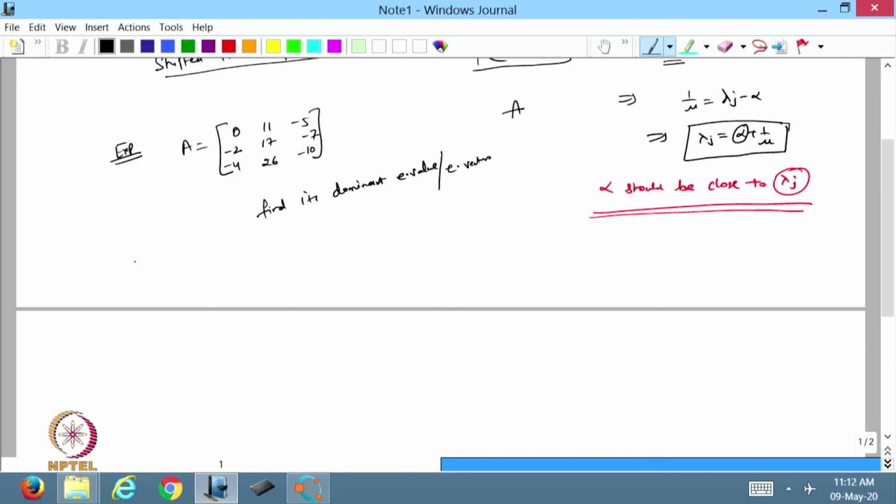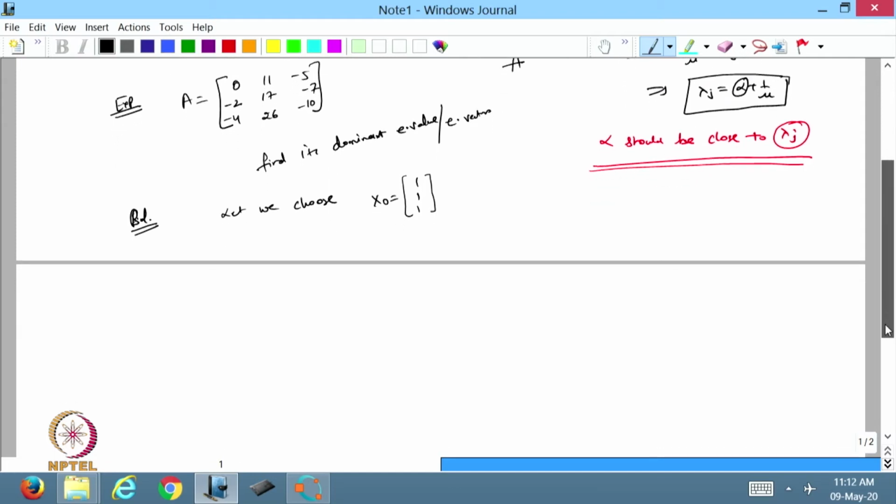In this case I apply the power method. First I choose x naught, the initial point. It can be any value you choose, so let us start with simply 1 1 1. This is the initial point.